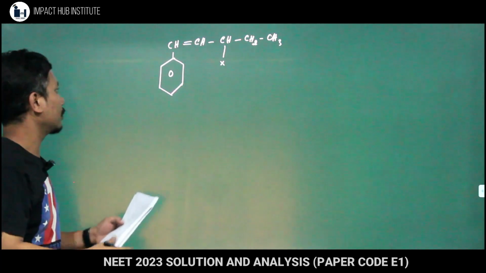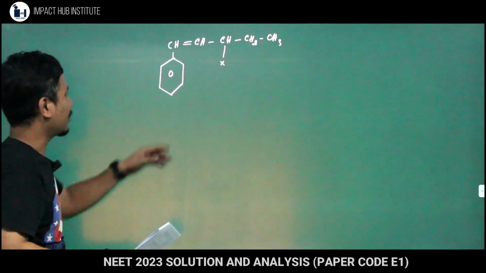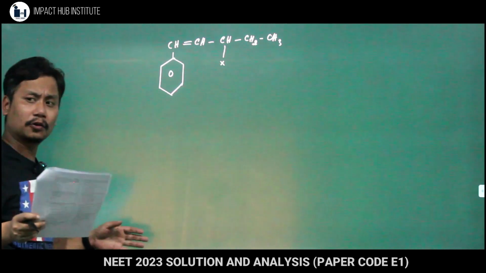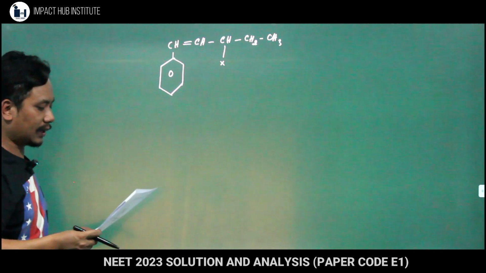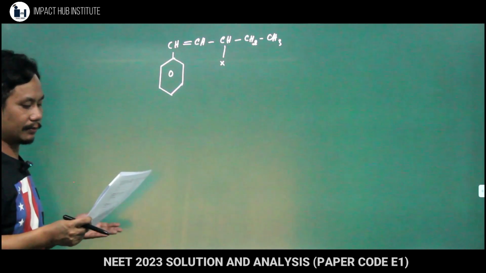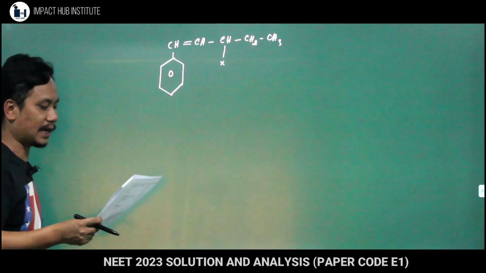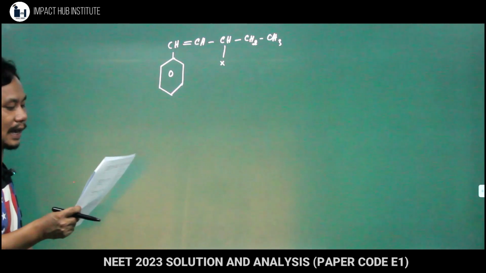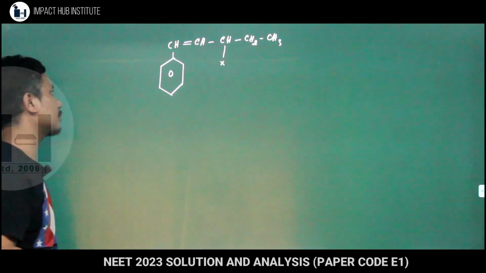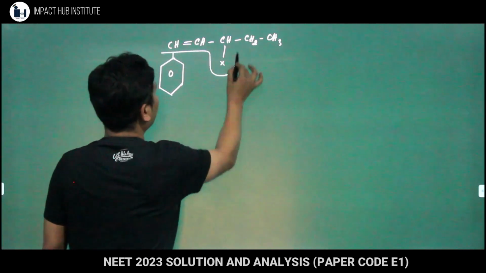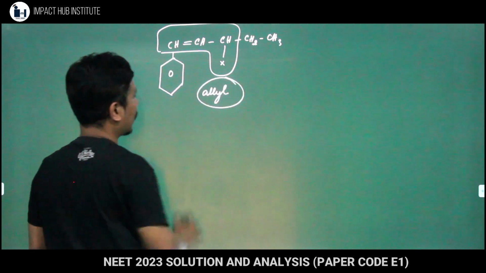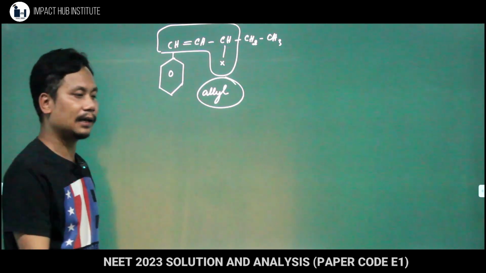This is the given compound here. Here X means your halogen, that is group number 17 elements. So the given compound is an example of what? Option number 1 says benzylic halide, option number 2 aryl halide, option number 3 allylic halide, and option number 4 vinylic halide. This will be called allylic halide. This is your allyl. So it will be allylic halide.